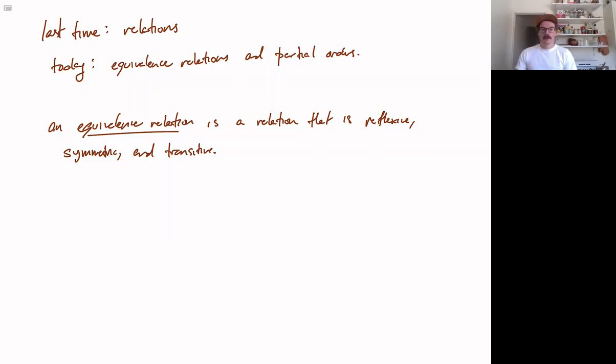And we will see why we call this an equivalence relation. And similarly, elements that are related under this relation are said to be equivalent.